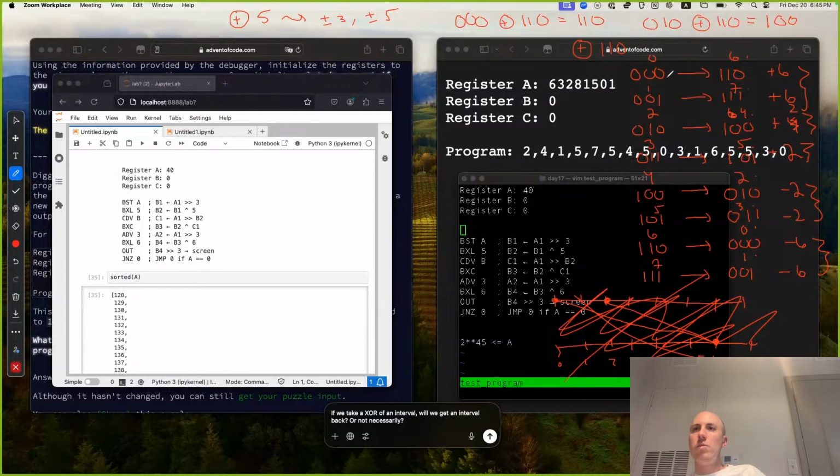As you go up, both of these are plus 6, plus 2, minus 2, minus 6. Huh, do they always occur in pairs like that? I don't know, man.